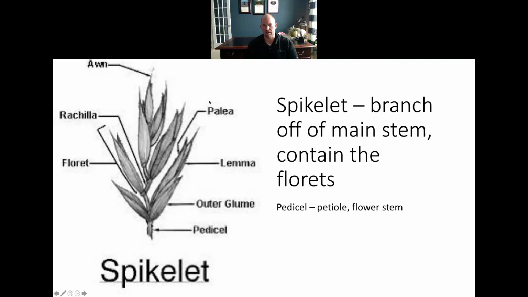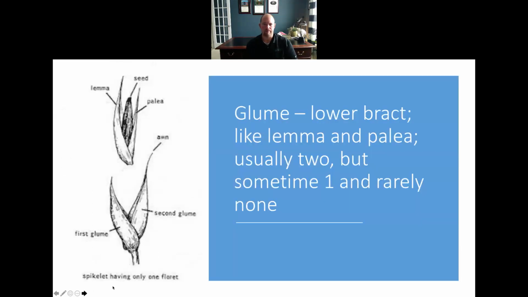You have awns, palea. We're going to get all this in a minute, but again, the pedicel would be like the petiole or the stem on that flower. So think about a rose, think about a daisy, think about any number of flowers. You have that petiole. The pedicel would be synonymous with the petiole or the stem that the flower originates from.